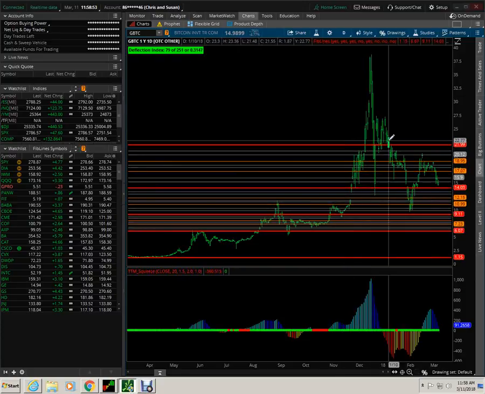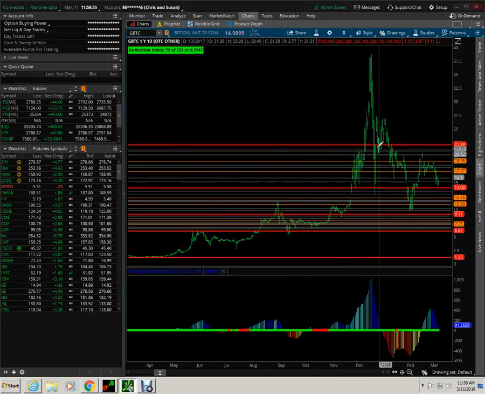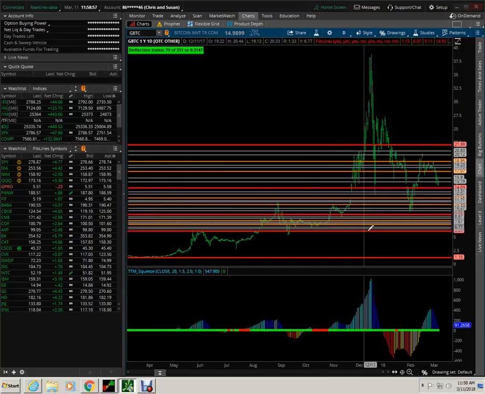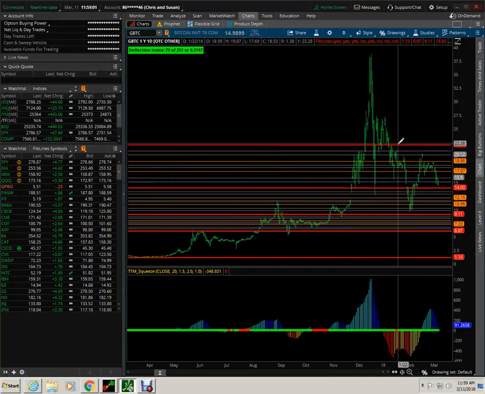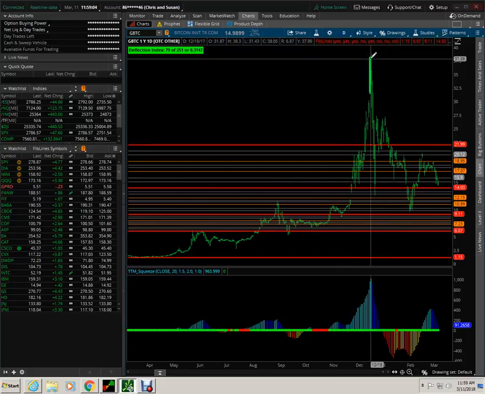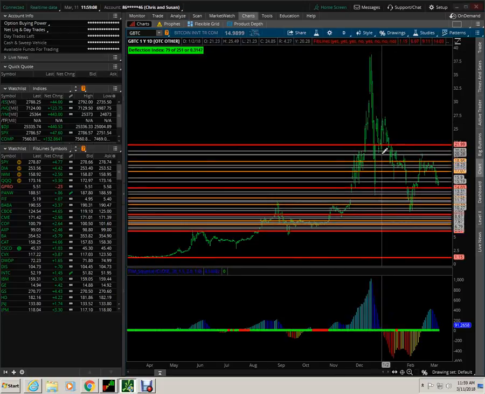That's one of the things about moves above FibLines. I don't really take them too seriously unless they last for a while or if they come down, and then they show further movement to the upside after getting reflected off the line. In this case, this move was just a complete spike and hasn't been maintainable.